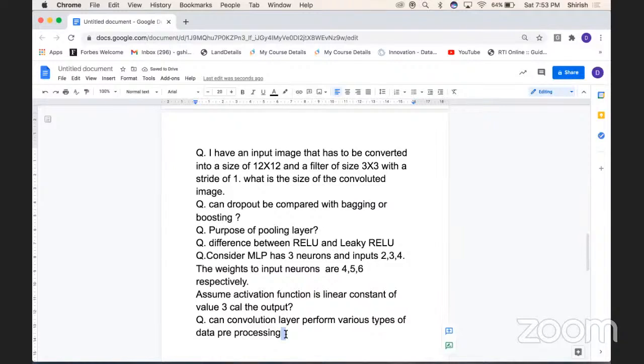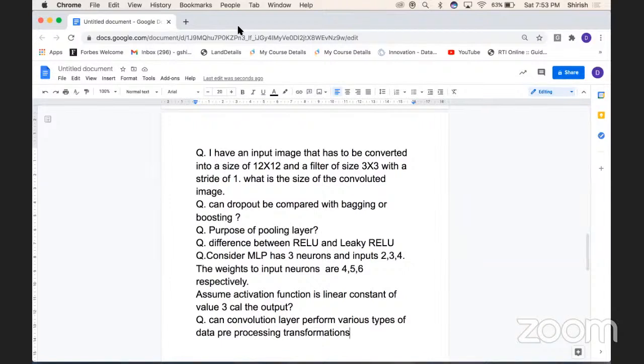Like rotations in the input, scaling, can it perform any transformations here? CNN cannot do that, friends. Data pre-processing steps means you need to do scaling, you need to do some rotations, right? These are to be done before you pass to your model.